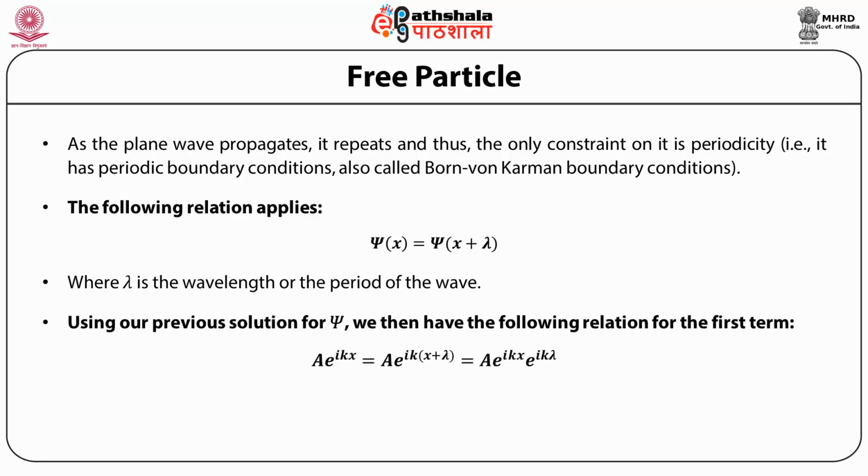Using our previous solution for psi, we then have the following relation for the first term: A multiplied by exponential i kx equals A multiplied by exponential i k(x plus lambda), which reduces to A exponential i kx multiplied by exponential i k lambda.